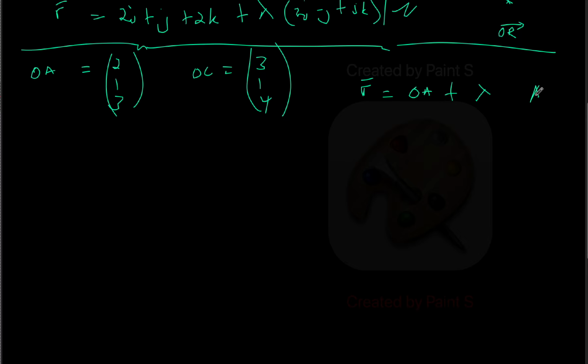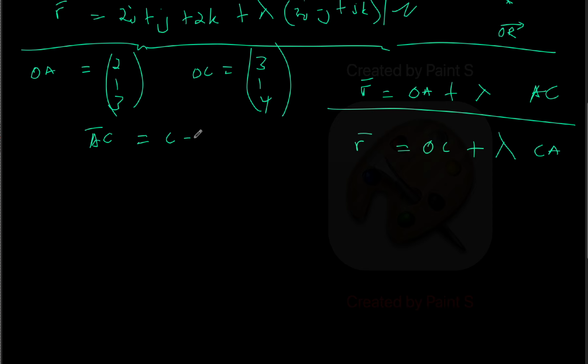If you start with the positional vector of A, the direction is supposed to be A to C. But if you start with the positional vector OC, the directional vector is supposed to be C to A. I hope that makes sense. Start with C, you use C to A. Start with A, you use A to C. So let's find AC real quick.